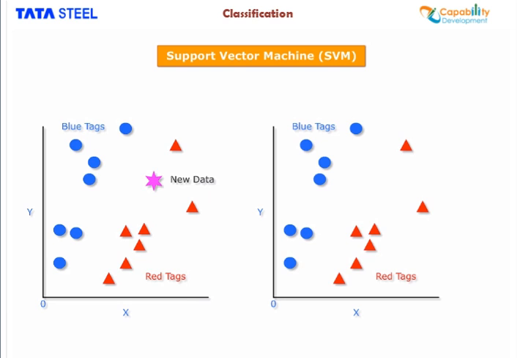A support vector machine takes these data points and outputs the hyperplane that best separates the tags. This hyperplane would simply be a line in 2 dimensions. This line is the decision boundary. Depending on which side of the boundary a data point falls, it can be classified as a red or blue tag.